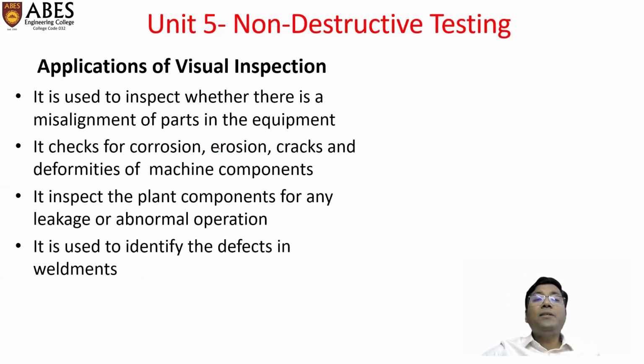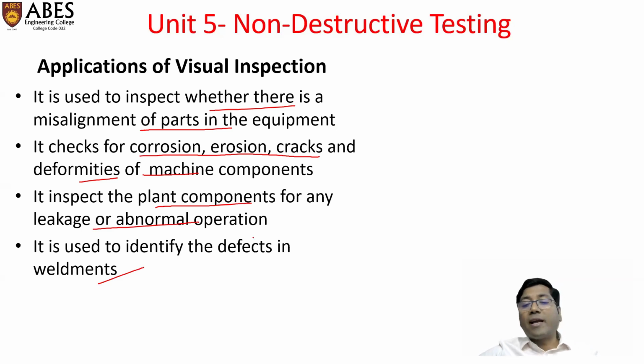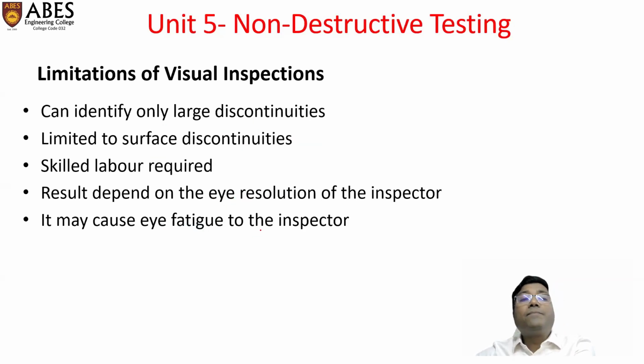Applications of visual inspection: it is used to inspect whether there is a misalignment of parts in the equipment, check for corrosion, erosion, cracks, and any deformities of machine components, inspect the plant components for any leakage or abnormal operation, and also identify defects in weldments. In these places, visual inspection can be helpful.